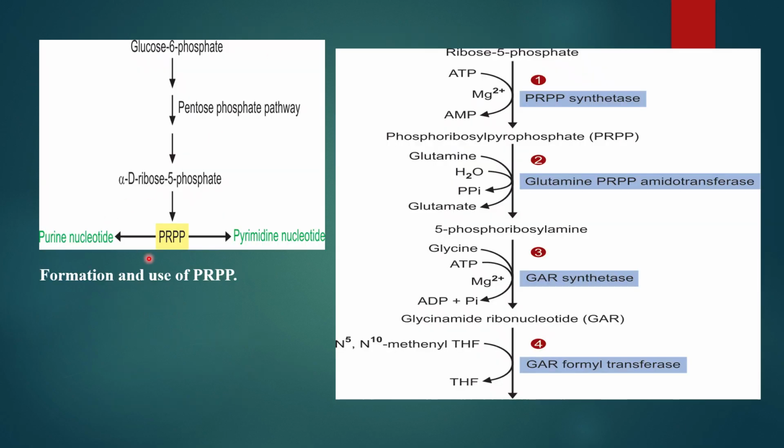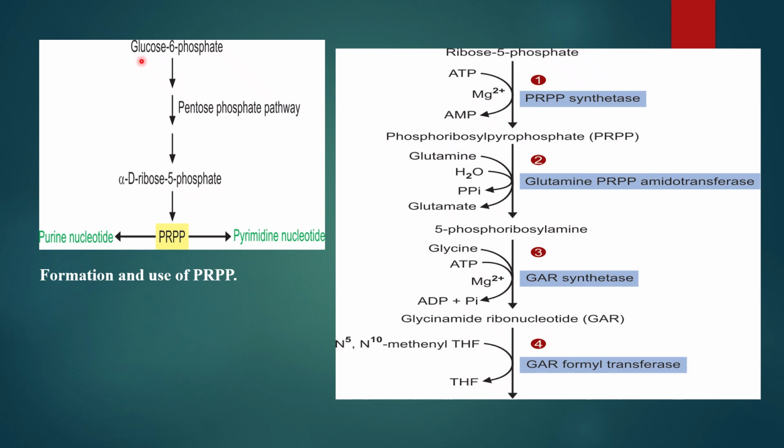Now we will see the formation. During the de novo synthesis of purine, there is first synthesis of PRPP, that is, phosphoribosyl pyrophosphate, because on this platform there will be synthesis of purine. Purine cannot be synthesized as an independent entity.